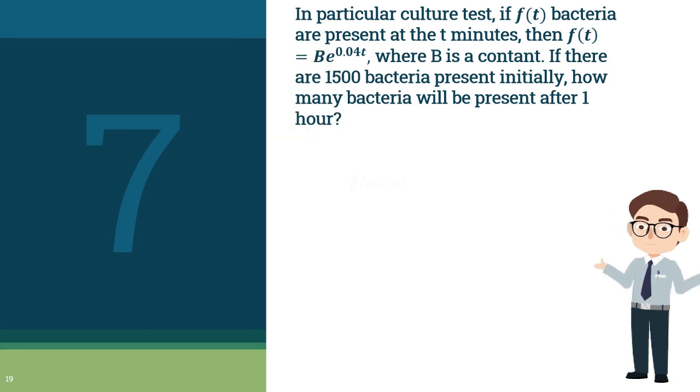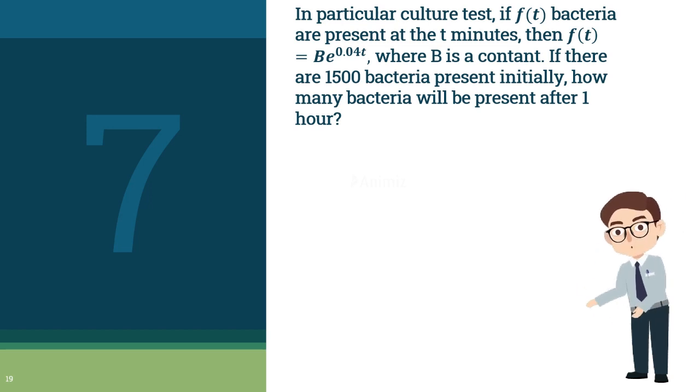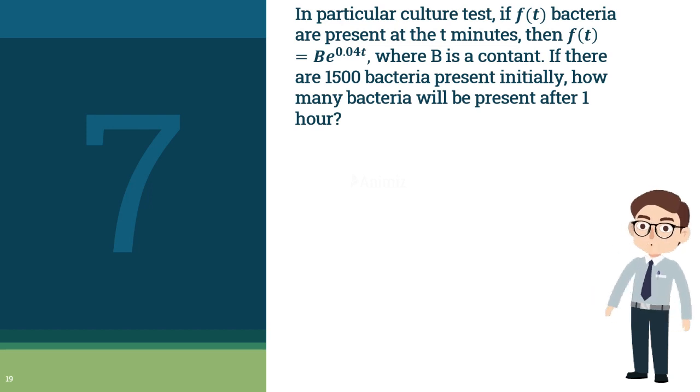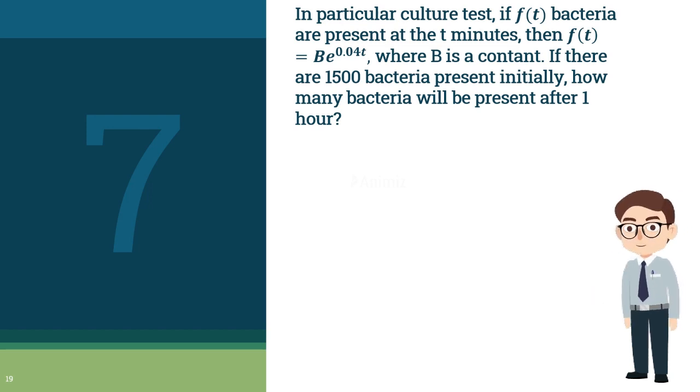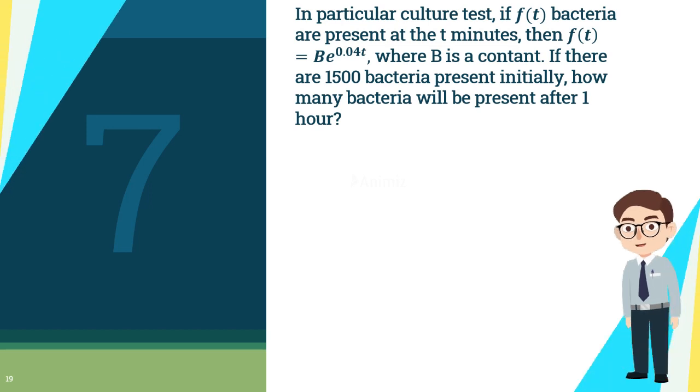In particular culture tests, if f of t bacteria are present at t minutes, then f of t is equal to b e raised to 0.04t, where b is a constant. If there are 1,500 bacteria present initially, how many bacteria will be present after 1 hour?